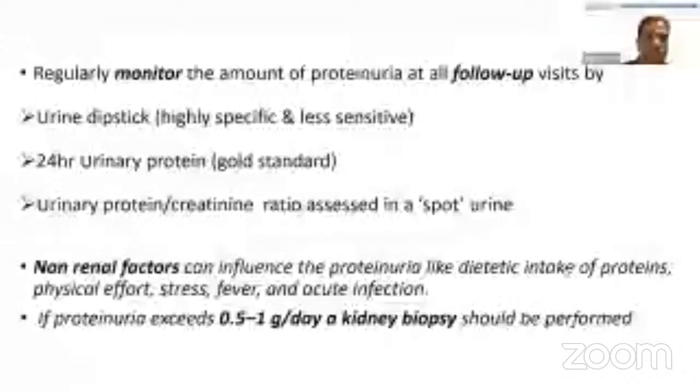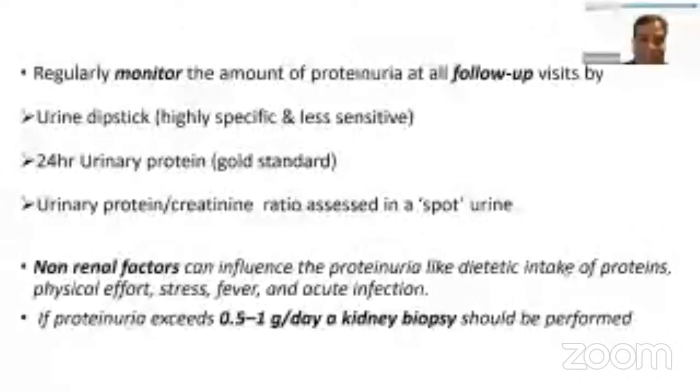Sometimes non-renal factors, especially dietary intake of proteins, physical effort, stress, fever, acute rejections and acute infections, can also cause proteinuria. So we need to rule out these causes first, especially the dietary intake, what type of diet they are taking, physical effort, stress, and fevers.